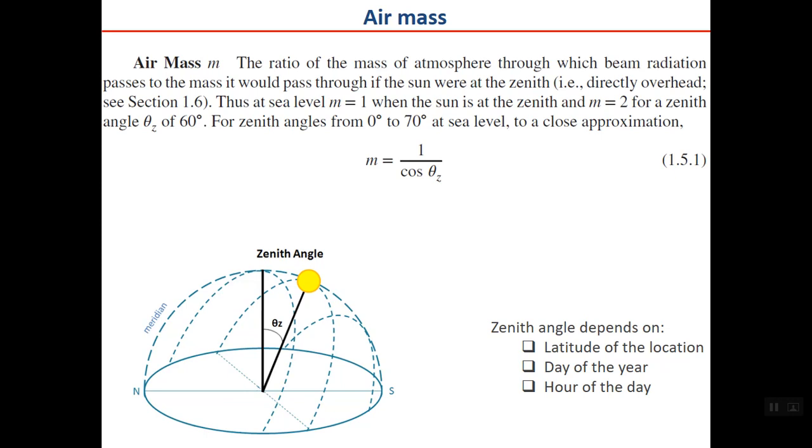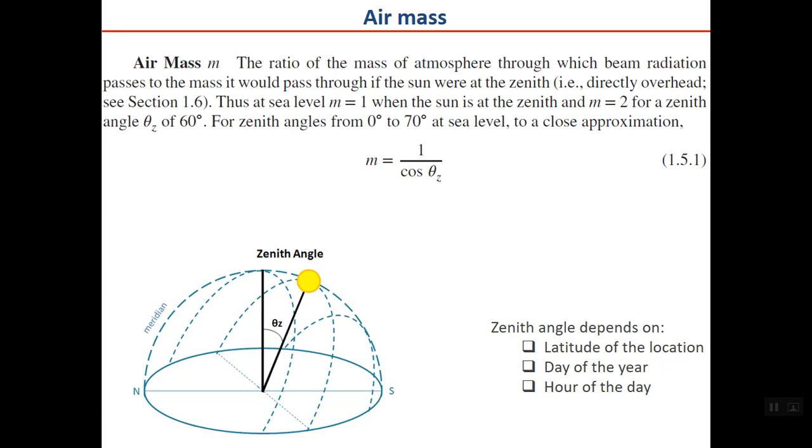Air mass, which is shown by M in this book or in this course, is the ratio of the mass of atmosphere through which beam radiation passes to the mass it would pass through if the sun were at the zenith. So this is a ratio, first of all, okay? This is not mass, because when there is a ratio between two similar parameters, then there will be no unit actually here.